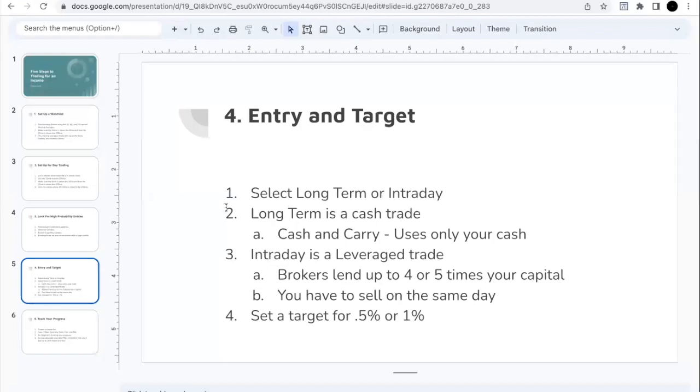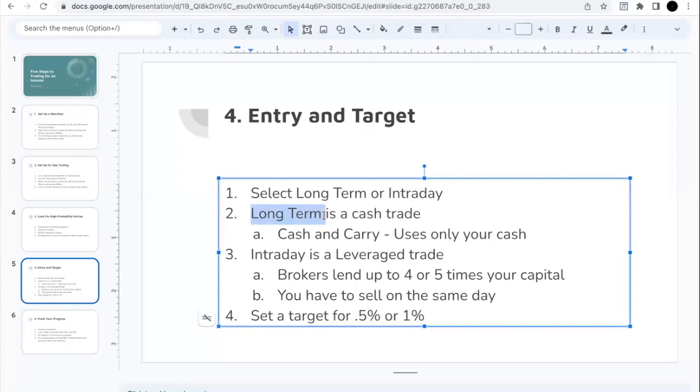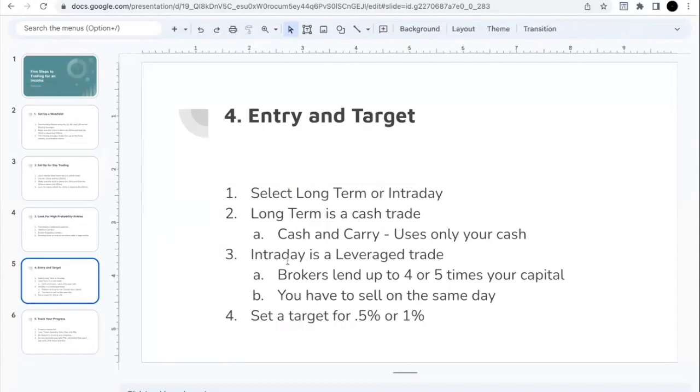So what I'm doing is I'm selecting the long term, the cash trade. That's what I'm selecting. I'm not taking the intraday, because if I do that, then the problem is that at the end of the day, if it doesn't reach my target, then the broker will close the trade for me, and I might be at a loss.